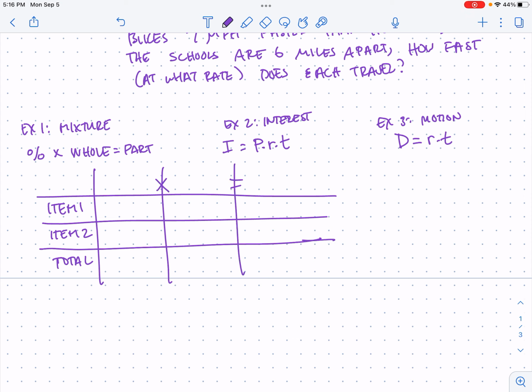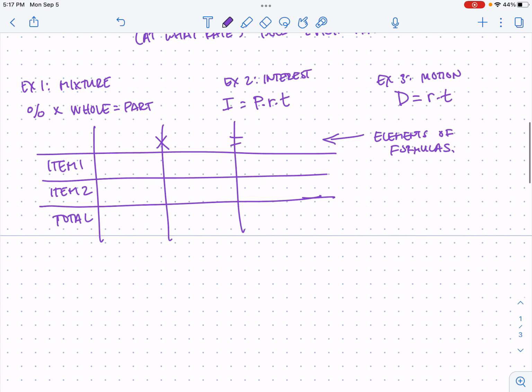And those elements are going to come from the distinct formulas that we're using. You'll notice that the interest formula actually has 3 components. We would need an additional column if time is not equal to 1 year. In our example, it is. So the T part of that formula is going to drop out.